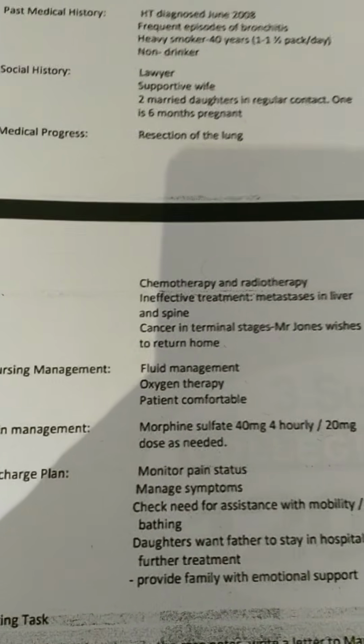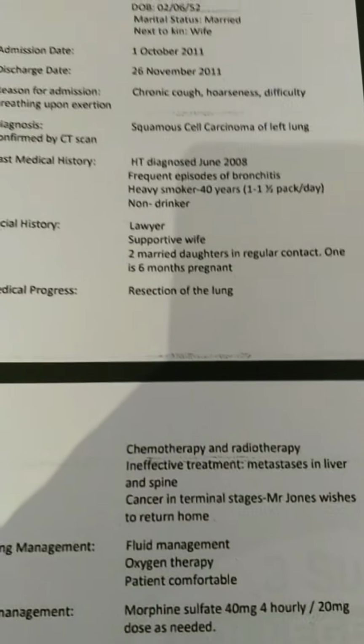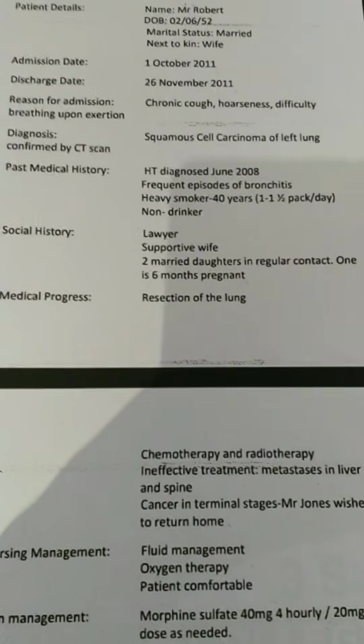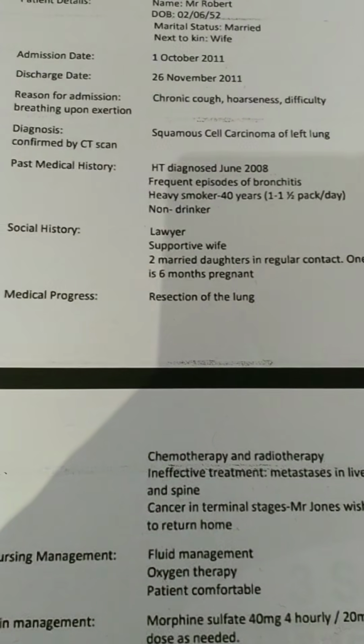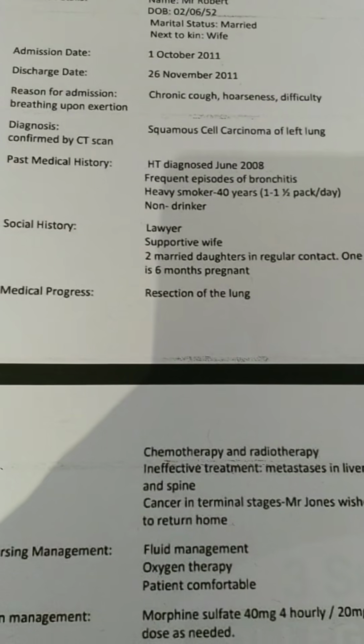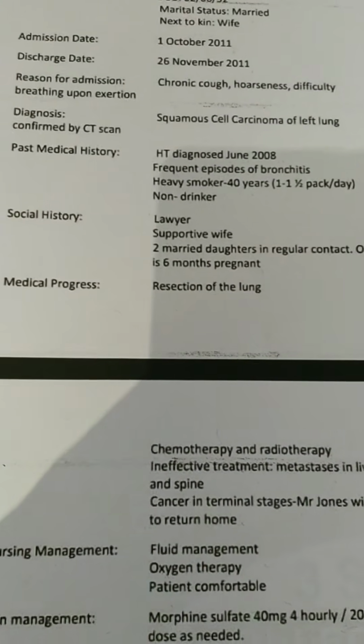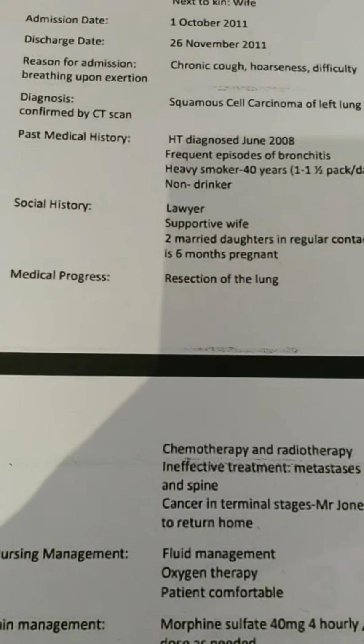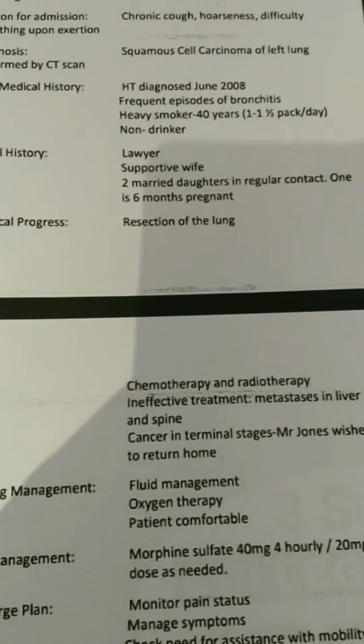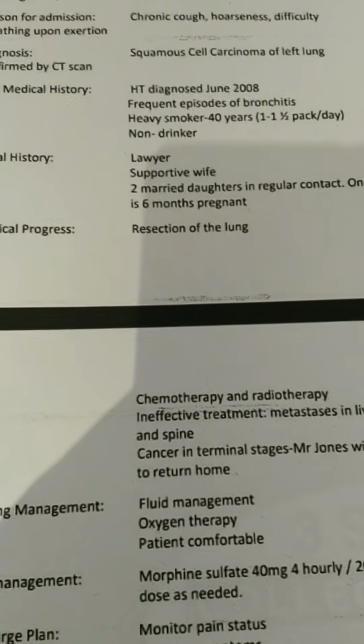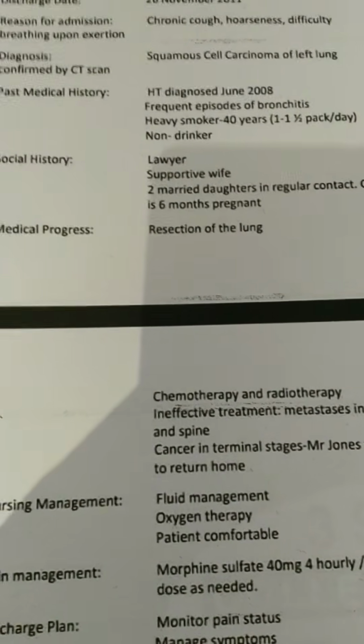So Mr. Robert lives with his wife, and it is mentioned here supportive wife. So we can write who is very supportive and has 2 daughters. No need to mention he has a pregnant daughter, like that. Just mention daughters.